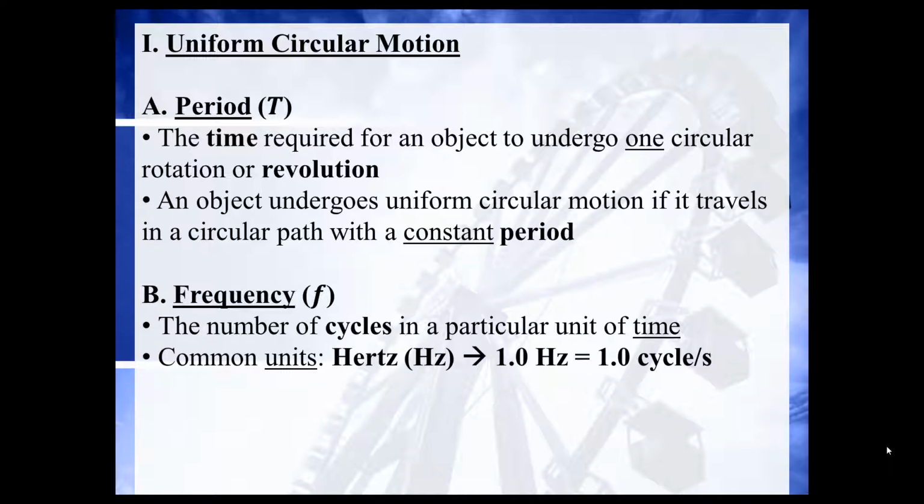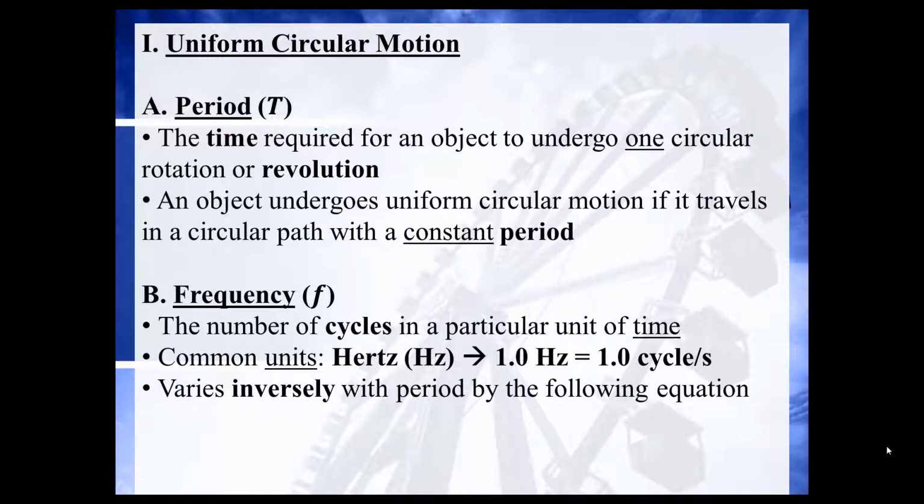As already mentioned, the most common unit of measurement for frequency is hertz. 1 hertz is 1 cycle per second. If you had 10 hertz, that would be 10 cycles per second. 60 hertz would be 60 cycles per second. In terms of uniform circular motion, though, I would expect the frequency to be a lot lower than 1 hertz. We'll look at an equation in a moment that I can use to determine the frequency.